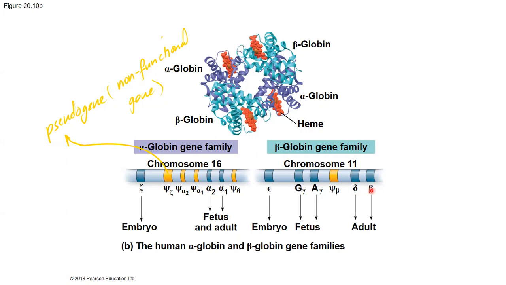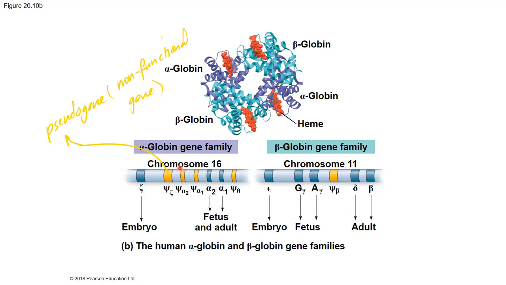And we have the beta gene, which encodes the beta polypeptide found in adult hemoglobin. We also have the delta gene, encoding delta globin, which is found in some adult hemoglobin proteins. So as you can see here, we have 7 genes.